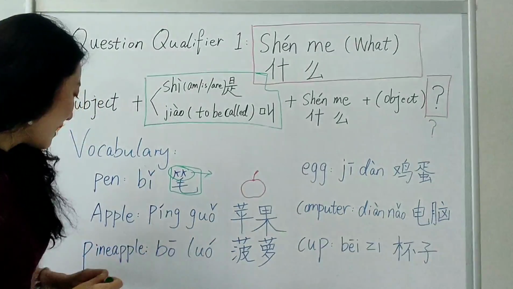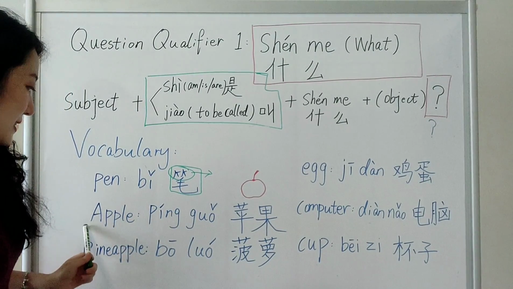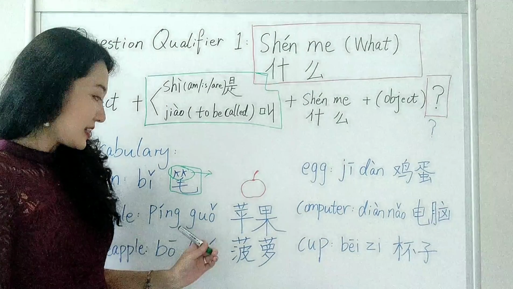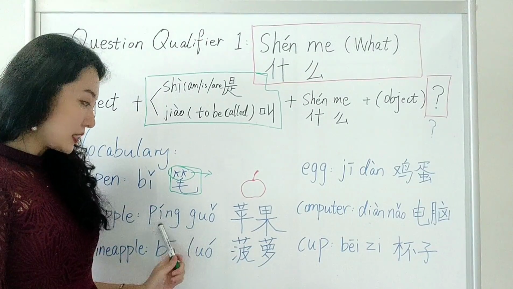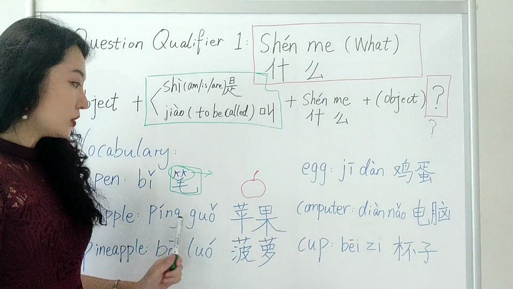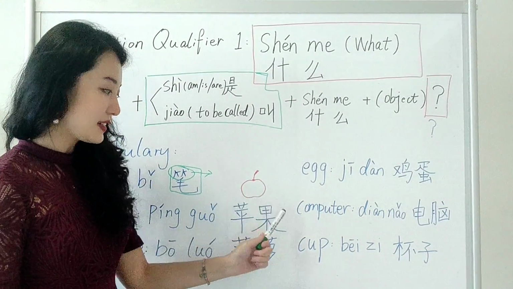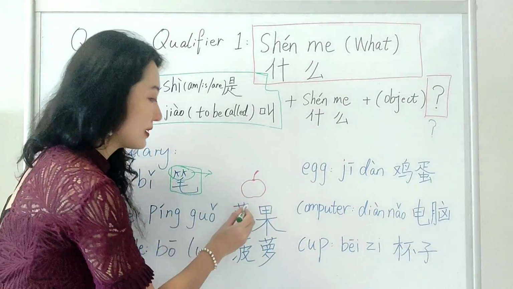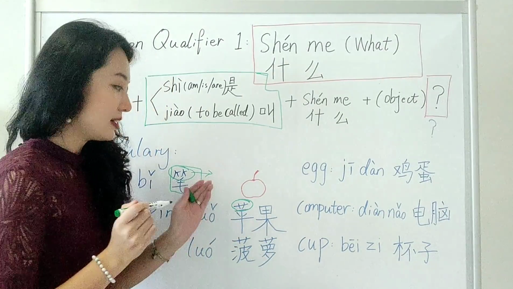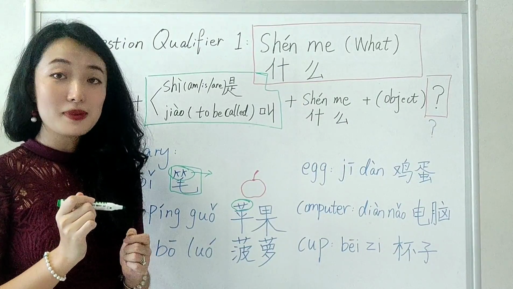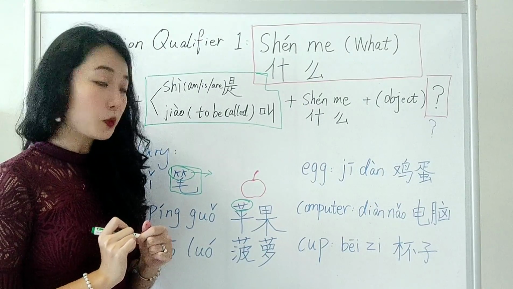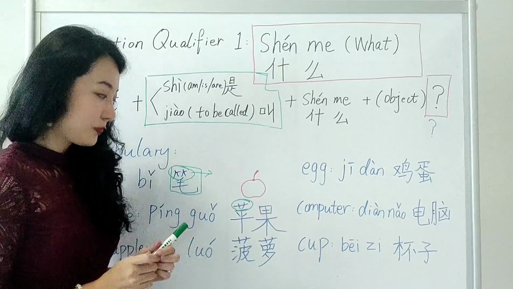So that's the reason. And the second is apple. Apple in Chinese pronunciation is 苹果. 苹果. And this is the Chinese character. And for this part, like we mentioned previously, it means grass related or plant related.